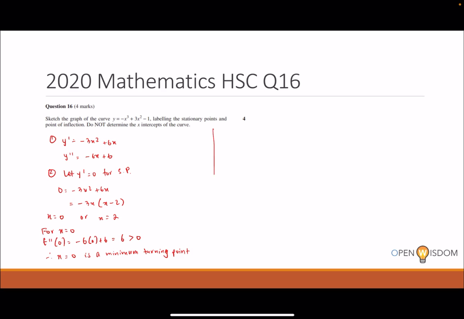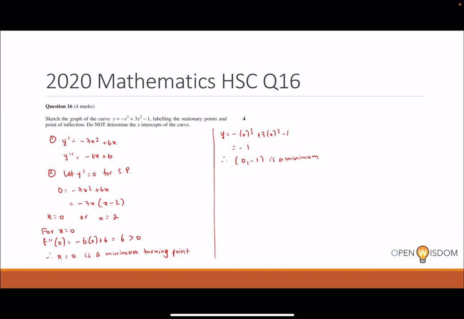We have to find the corresponding y value for this point as well by substituting it into our original function. Our corresponding y value would be just negative 1. So therefore, (0, negative 1) is a minimum.